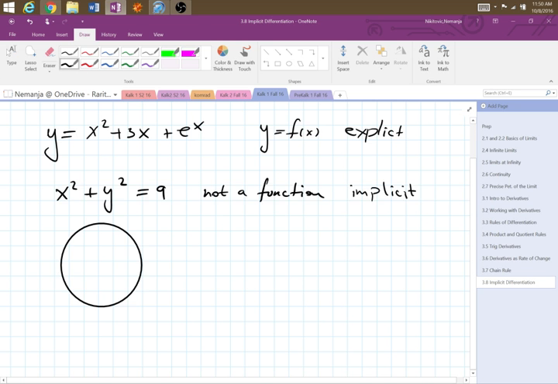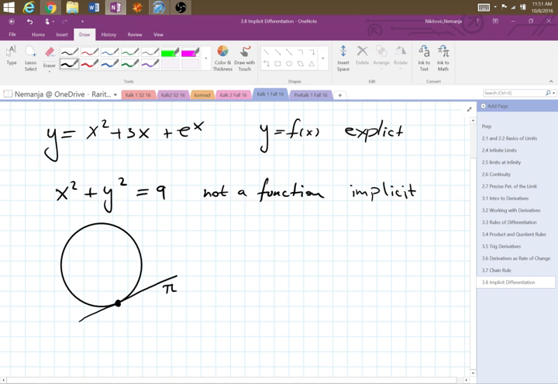So as you take a look at the circle, you can still find the tangent line at this point. Now you have a tangent line.